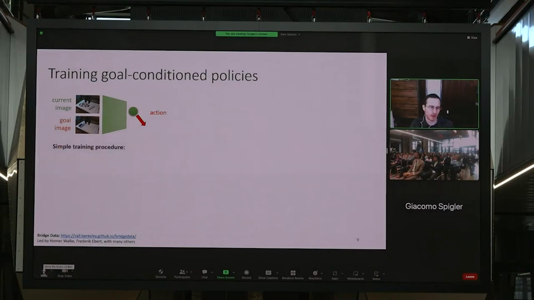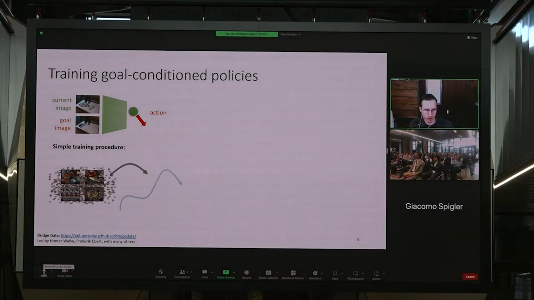Very simple. Now, it turns out that there's a very simple training procedure that can allow you to train these kinds of policies. It's not a novel procedure, it's been known for quite some time, but it turns out that if you take this procedure and you use a good enough data set, really good things can happen. So the procedure works like this. You take your data set and you pull out a trajectory.